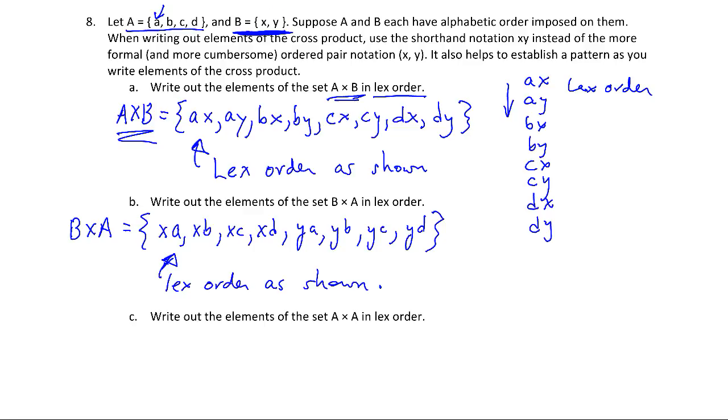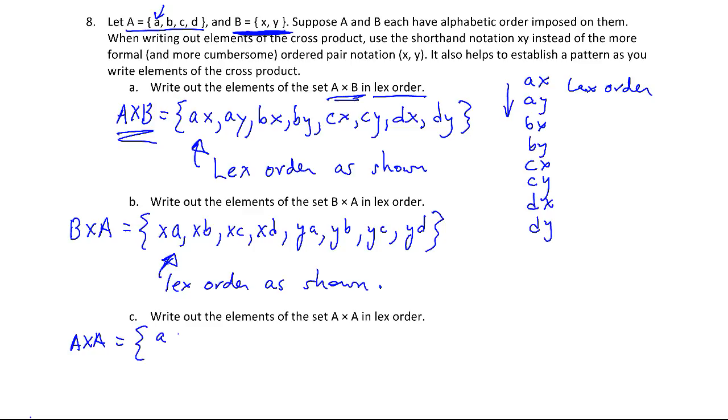Okay, so part C, A cross A. Oh no, A is the big one of the two. A cross A is going to have 4 times 4 or 16 elements in it. And I'm going to write them out in Lex order as a set.